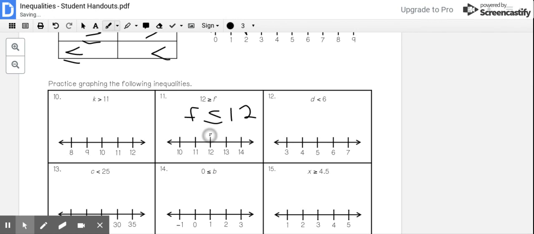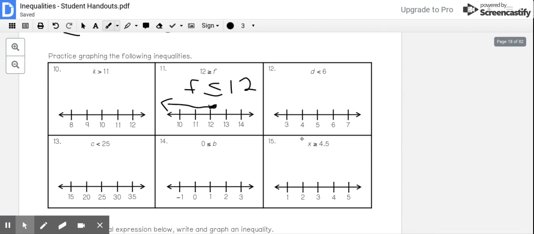Trying to make it bigger. And then you're going to draw your line. And that should be a circle that is colored in. So you can just follow the arrow. Otherwise, if you notice the variable's not on the left side, you just know that you go the opposite way. And then also some kids can just read it. F is less than or equal to 12. So these numbers are less than or equal to 12.